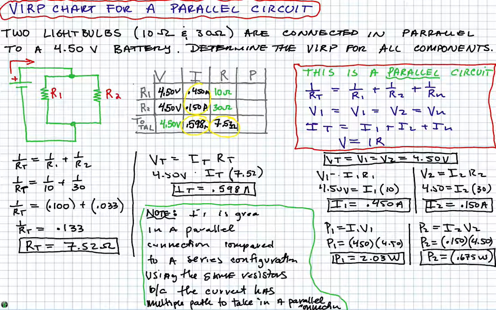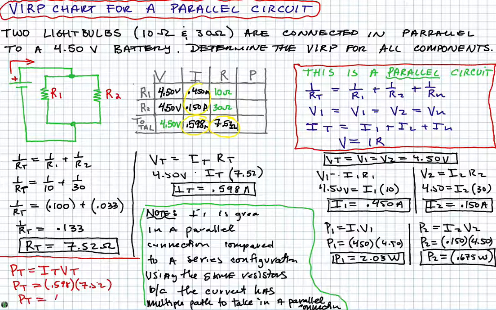Okay, so let's do, here, I'll do this in red over here, just so it's pronounced. The total power would be IT times VT. So PT is equal to 0.598 times VT, 7.52.